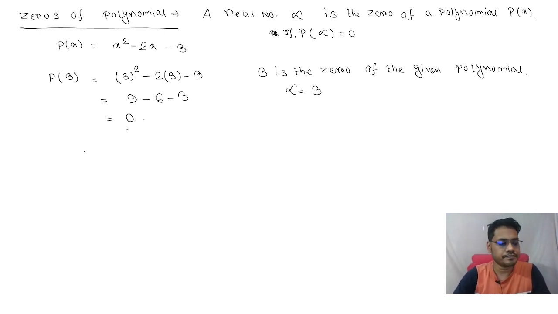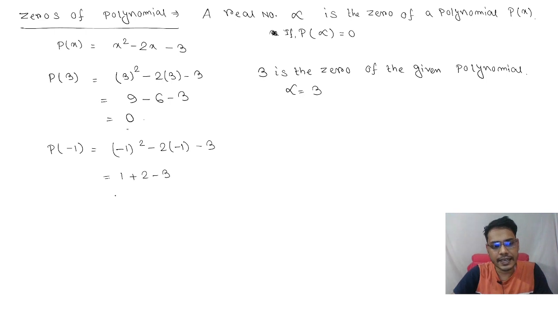Now again, if we put the value minus 1 here, you will get (-1) squared minus 2 times (-1) minus 3. So it will be 1 plus 2 minus 3. Again you get 0. So that means here we can say minus 1 is the zero of the given polynomial.